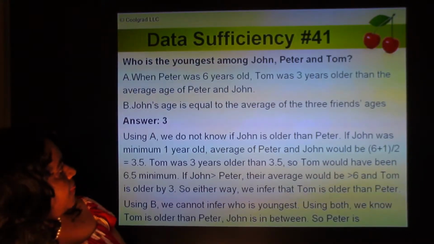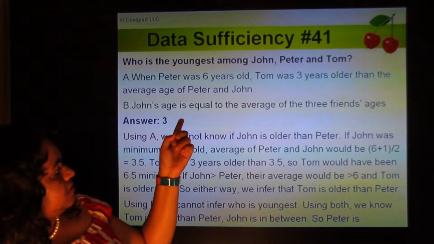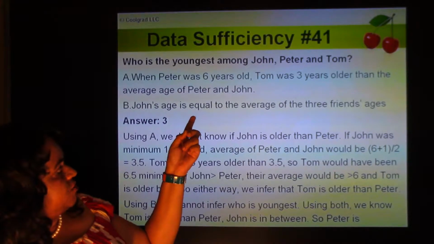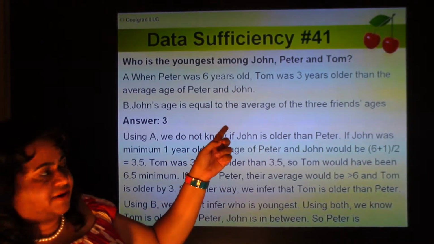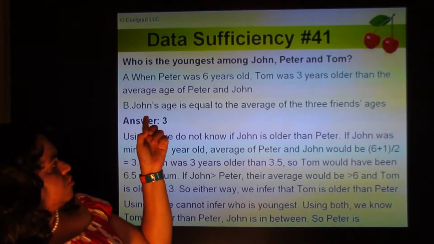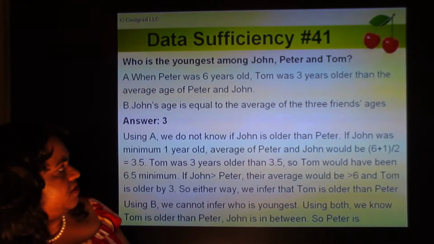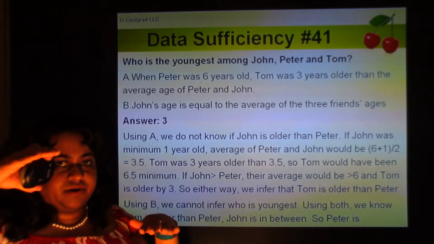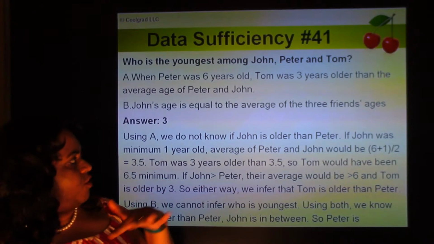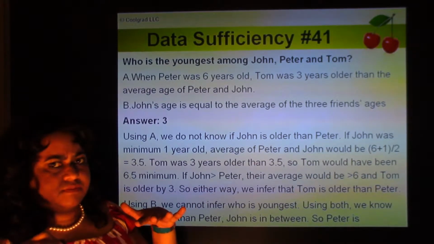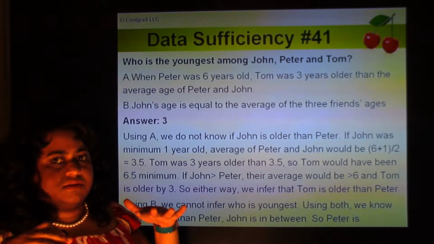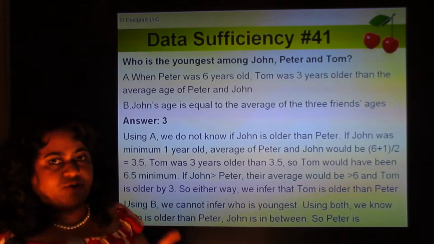So basically the average of the 3 friends' ages, right? So we know using both these statements that Tom is older. So John is the average of the 3 friends' ages. So Tom is older. So if Peter and John were the same age, then the average of the 3 cannot be John's age, right?